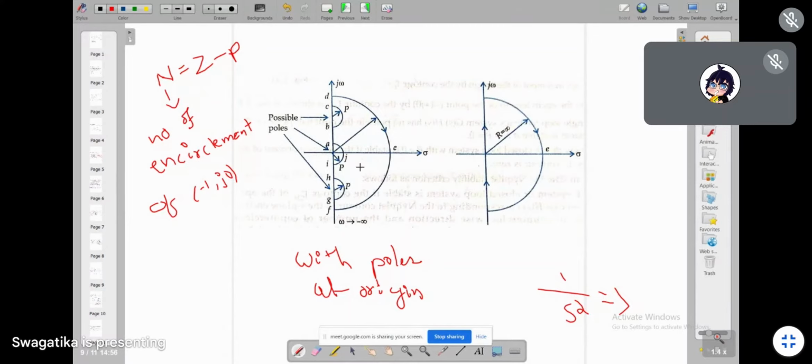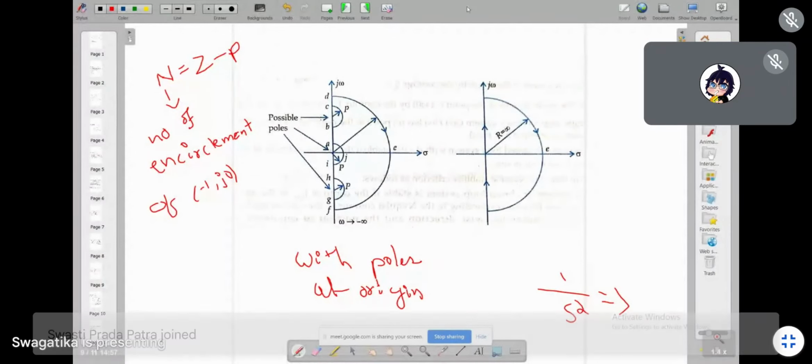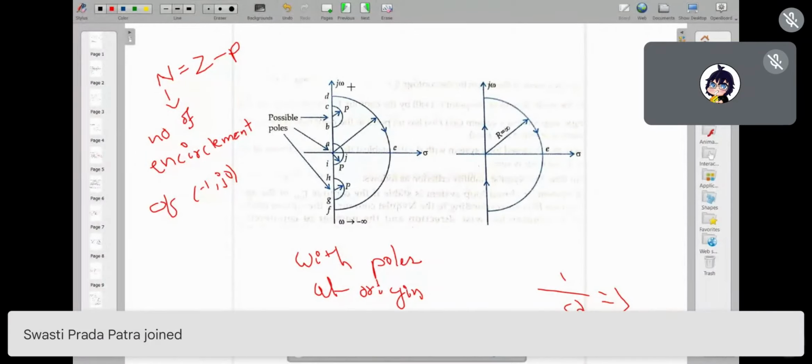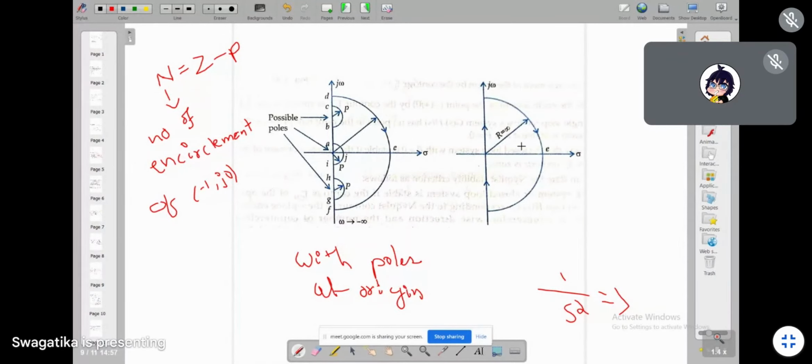According to this theorem, first we will see the Nyquist path. From these two graphs, we will see the Nyquist path.